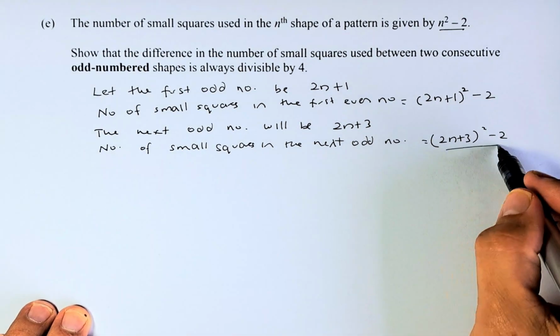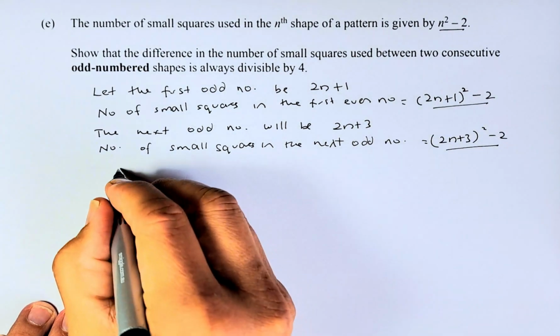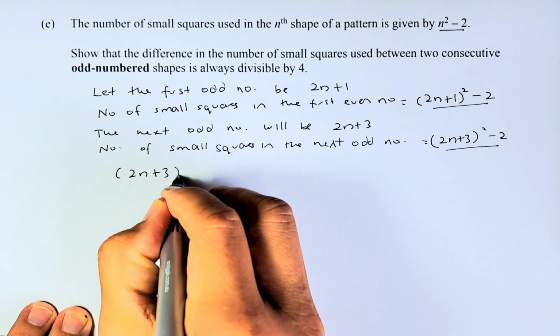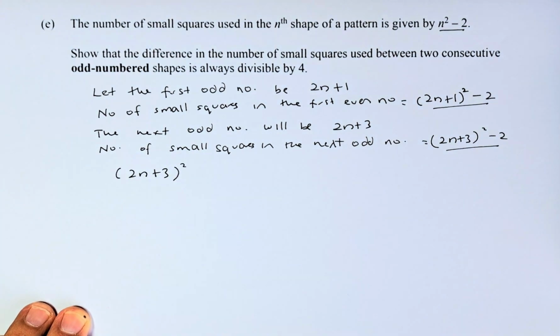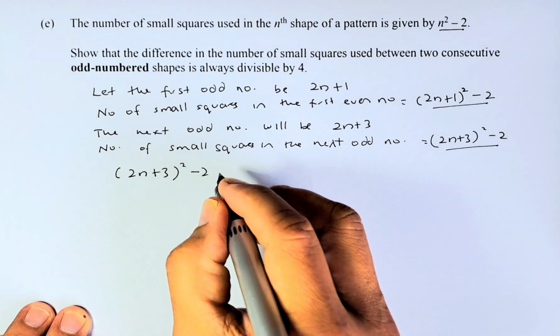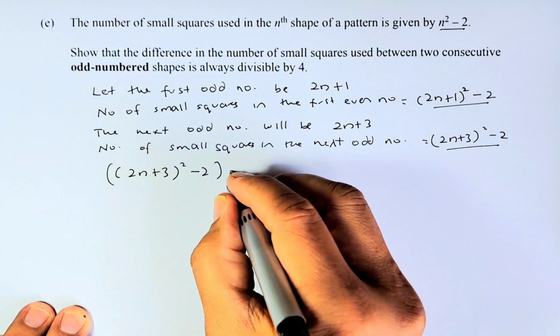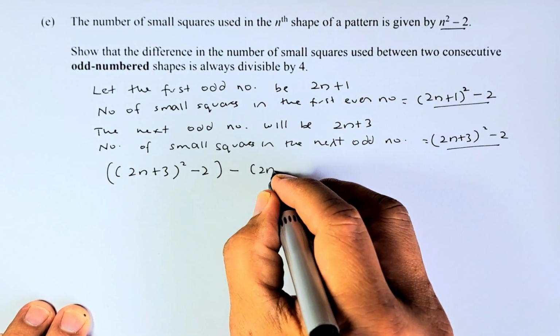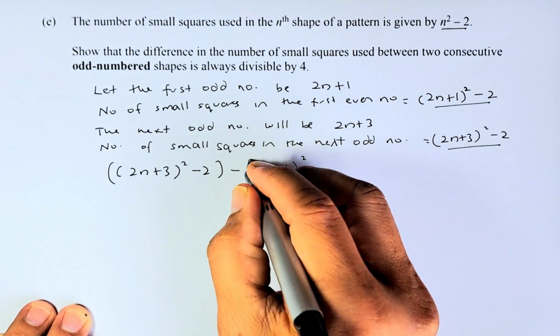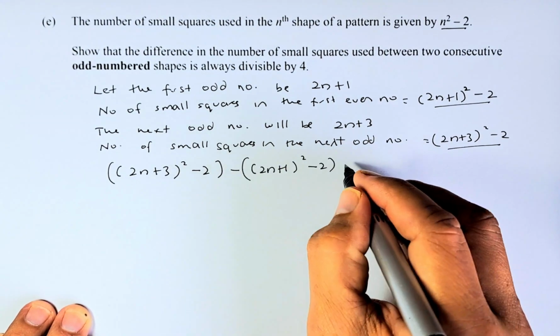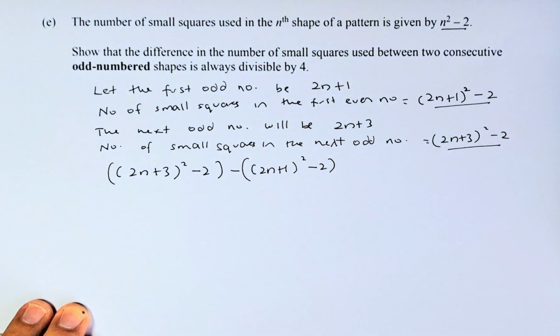So you take this one minus that one: 2n plus 3 squared minus 2, minus the first number, 2n plus 1 squared minus 2, and we are going to show that it's divisible by 4.